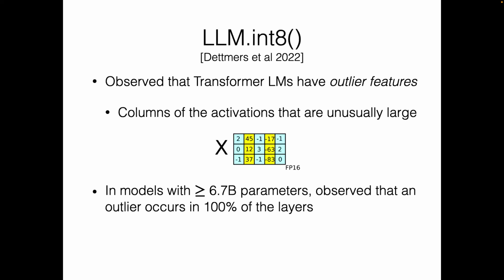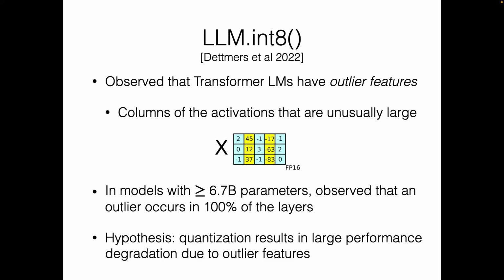In particular, there would be at least one outlier in 100% of the layers in the network as you pass activations through on reasonable real data. So the hypothesis is that quantization wasn't working well for the really large models, and that there's this huge performance degradation due to these outlier features.